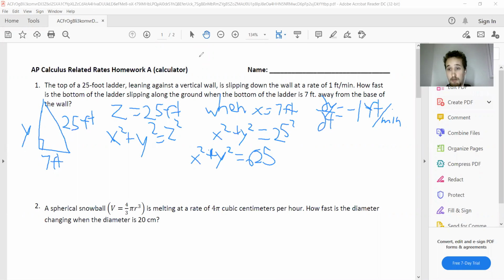We've done step 2, right? So now we have to implicitly differentiate that formula. Do the same thing to both sides of the equation.